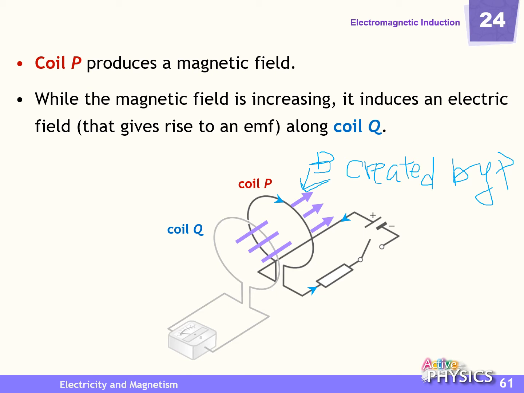After you close the switch, there is some magnetic field passing through Q. According to Lenz's law, coil Q will create magnetic field lines which oppose this change. Then you will see the deflection or the reading on this ammeter.